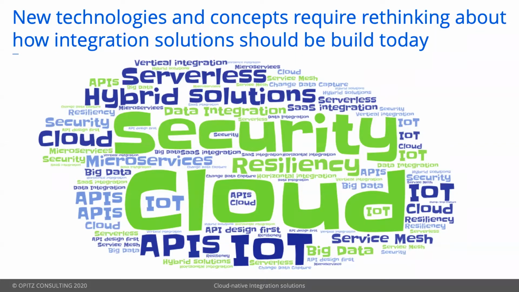So we have all that cloud stuff which is around now. We have IoT workloads which we need to depict and integrate. We have big data architectures where we also have some kind of integration requirements which we need to depict. We need to address hybrid integration scenarios.